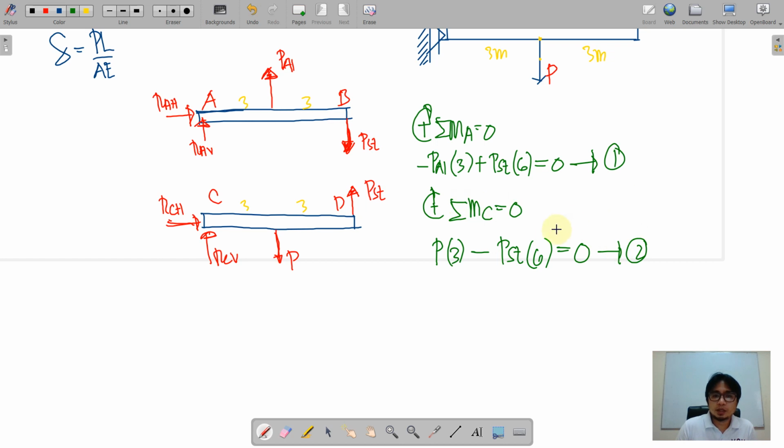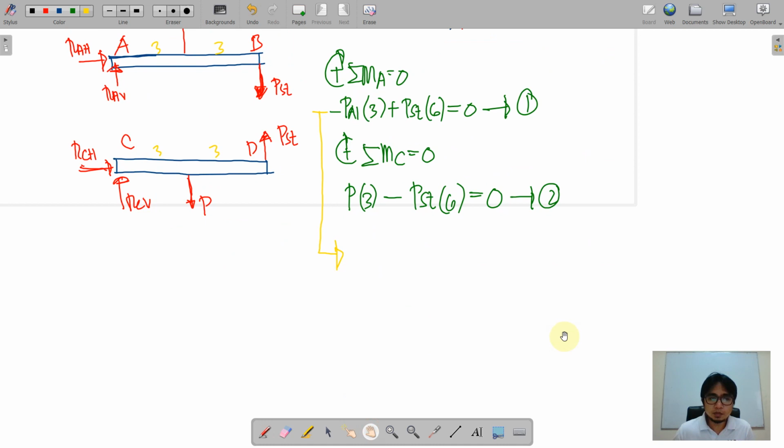So we can now relate and manipulate the equations, both in terms of P. From equation 1, we can say that P of steel is equal to, we transpose that to the other side, 3PAL divided by 6.